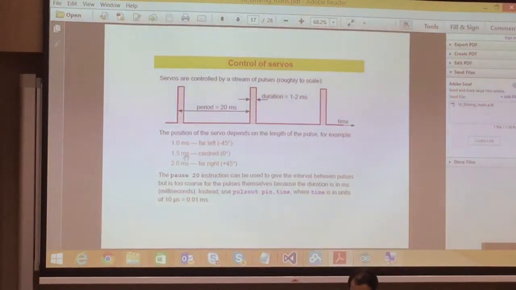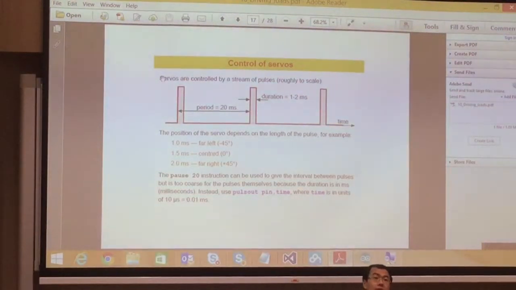If the pulse is 1.5 milliseconds, it will stay in the center. If the pulse is 2 milliseconds, it will move to the right. In this way you can control the servo movement by controlling the duration of the pulse.